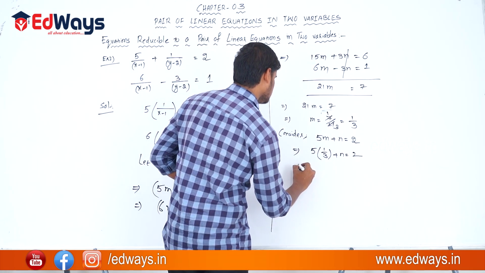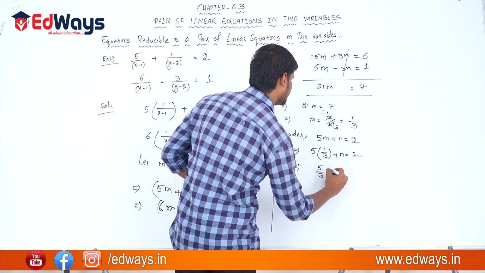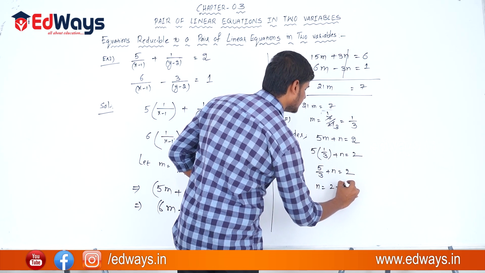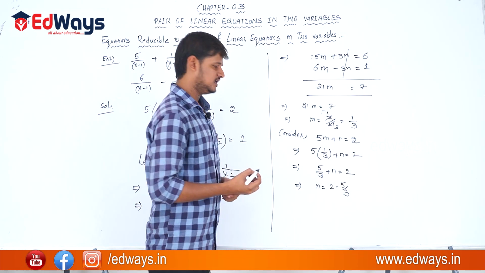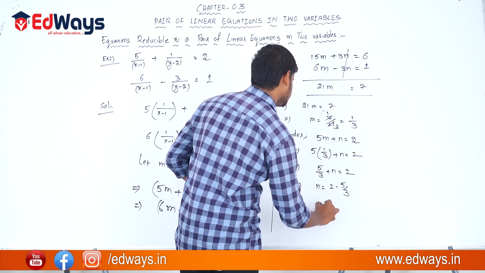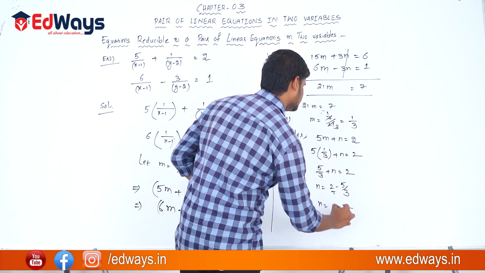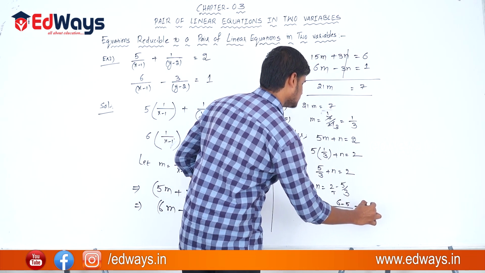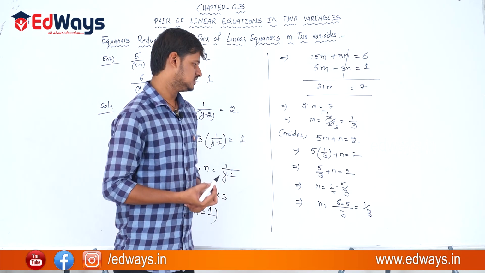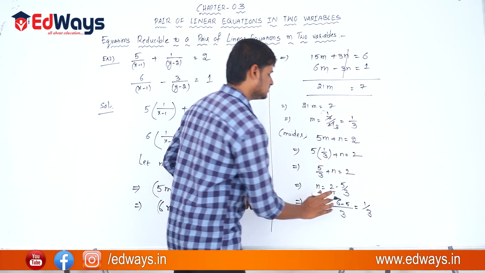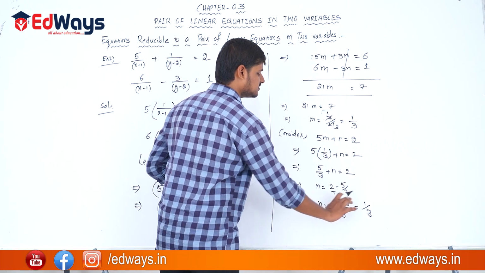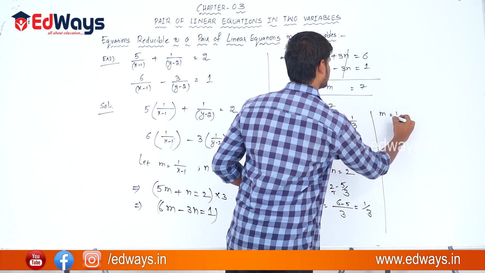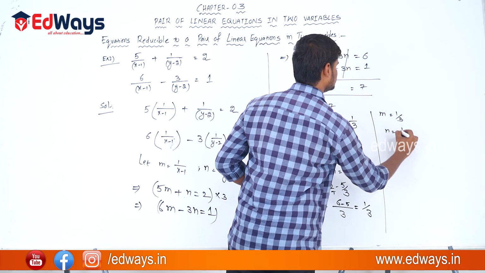So from here I can write 5 by 3 plus n is equal to 2, and n is equal to 2 minus 5 by 3. So n is equal to, 3 is the LCM, 3 into 2 is 6, 6 minus 5, that is equal to 1 by 3. So n is equal to 1 by 3 and m is also equal to 1 by 3.